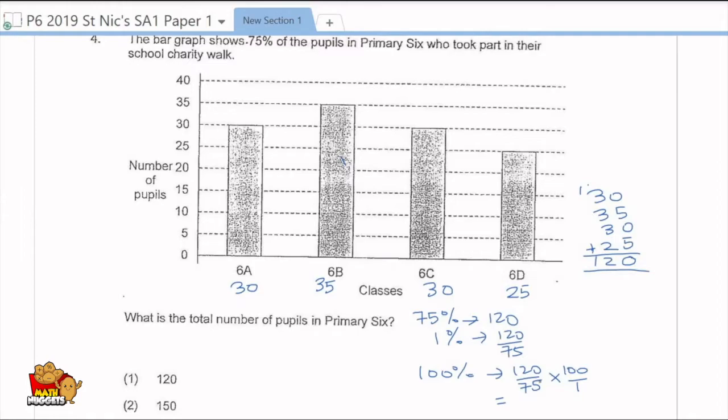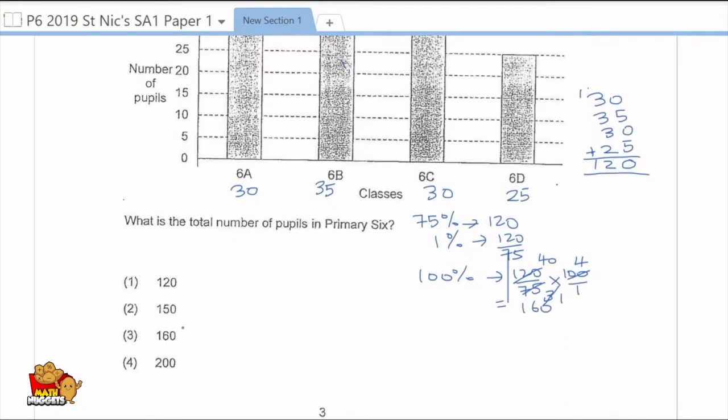So if you go and calculate, this should be divided by 3 and multiplied by 4. So the answer is 160. Option 3.